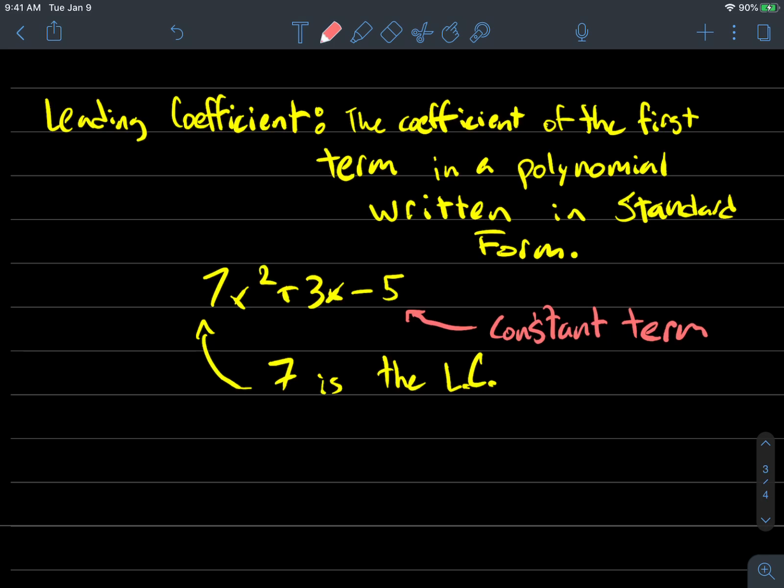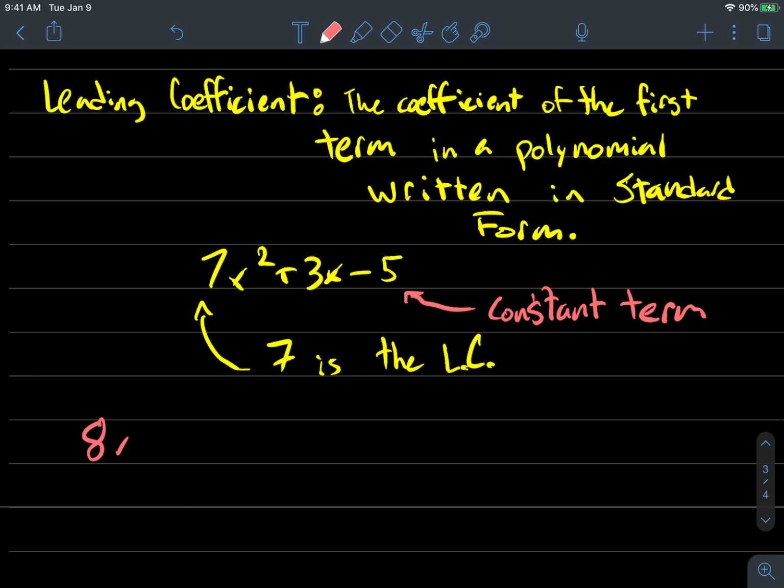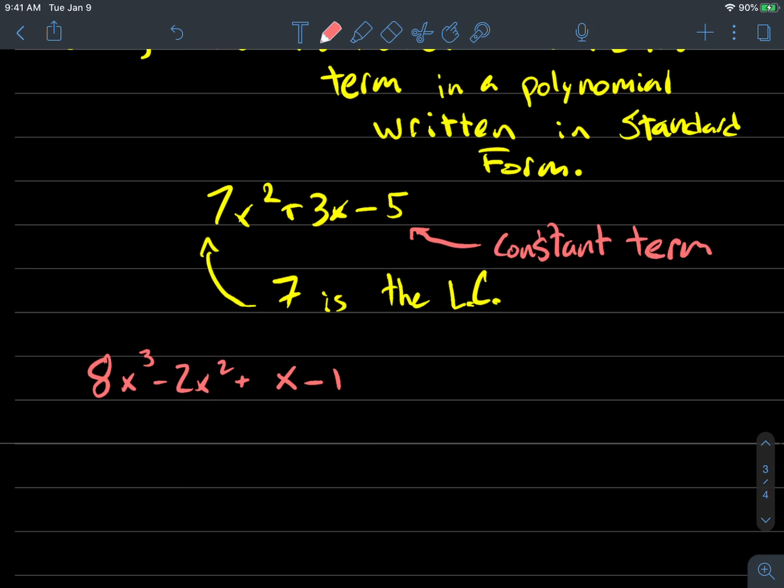All right, and we're basically done, guys. We're going to go over one more example, and then we're going to call it a day. So we have 8x cubed minus 2x squared plus x minus 1. The leading coefficient is 8.